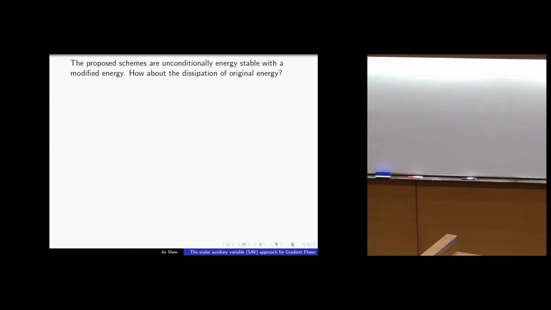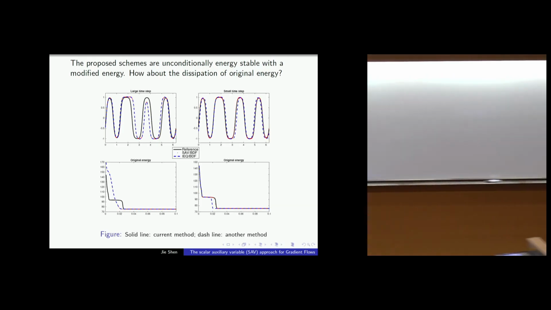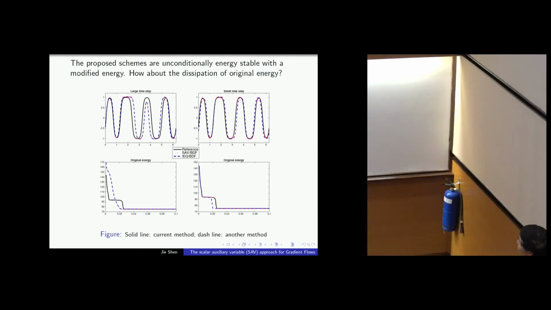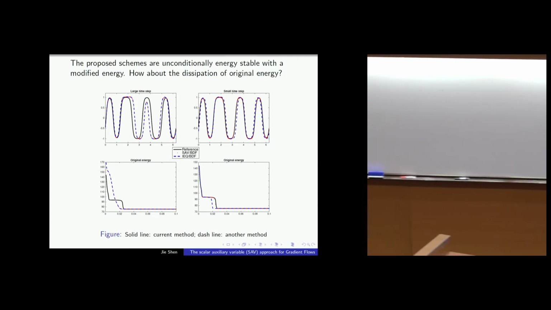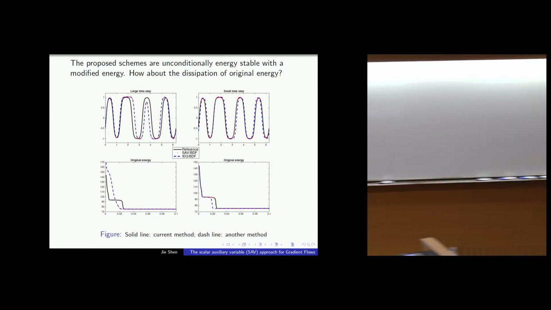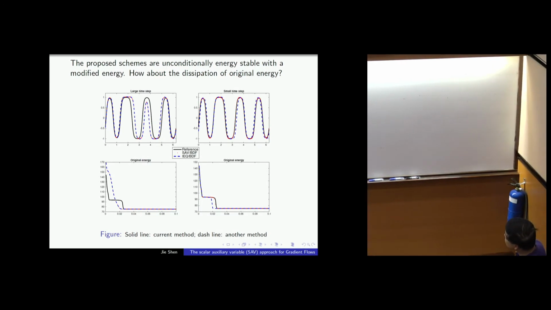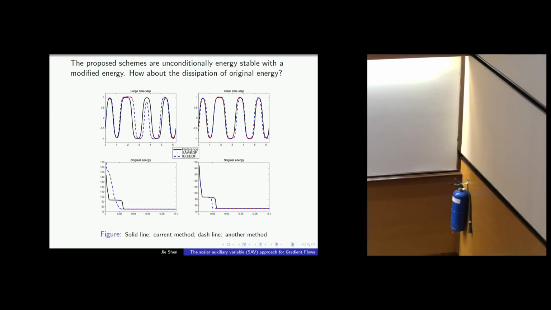But what about the original energy? You are interested in the original energy, and of course we were unable to prove the unconditional energy dissipation for the original energy, but numerically, the original energy decays monotonically with time.